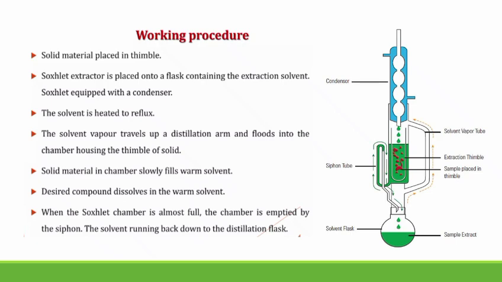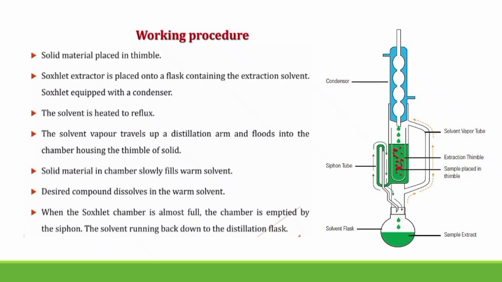Once it reaches above the thimble, the siphon tube collects the extract, and once it reaches the above level, it continuously comes down into the round bottom flask. With the help of this red color arrow, the vapor goes into the condenser, where it cools and undergoes condensation.